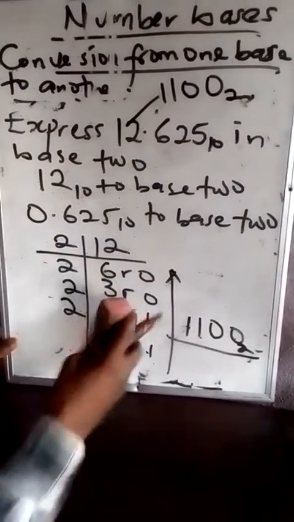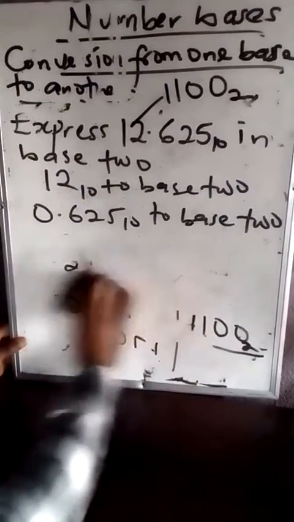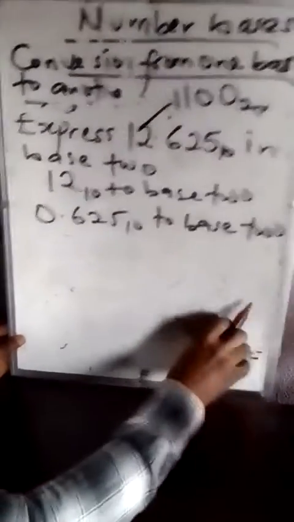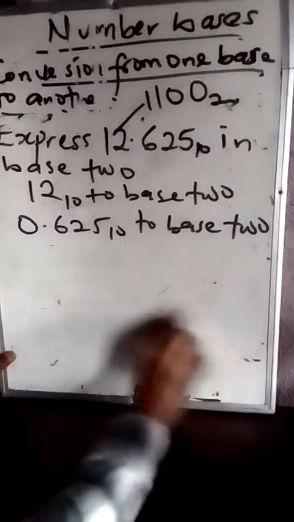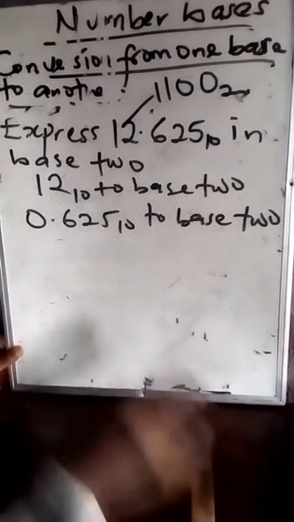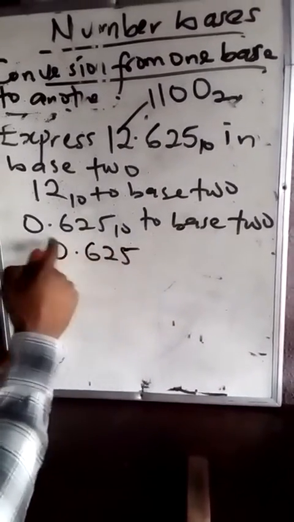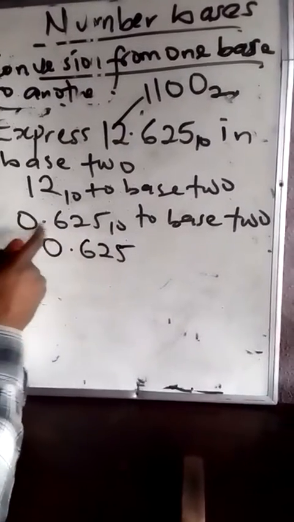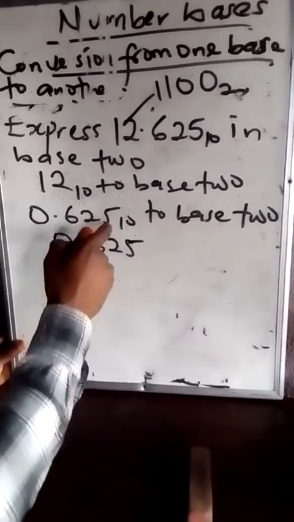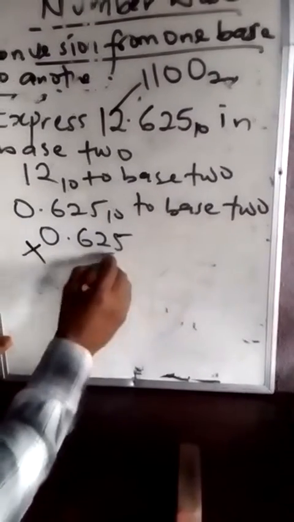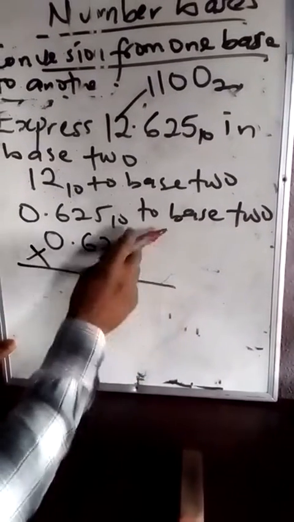Now for the second one, we have 0.625. I've told you, when you have it like this, because of the nature of points, you are converting from base 10 to base 2, you can use that formula I gave you, that is times 2. 2 times 5, 10.